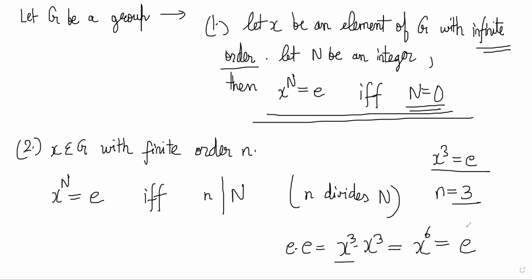But x power 7 will not be equal to e, right? Because 3 does not divide 7.